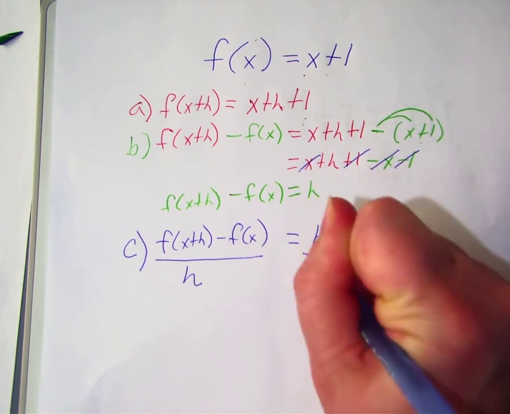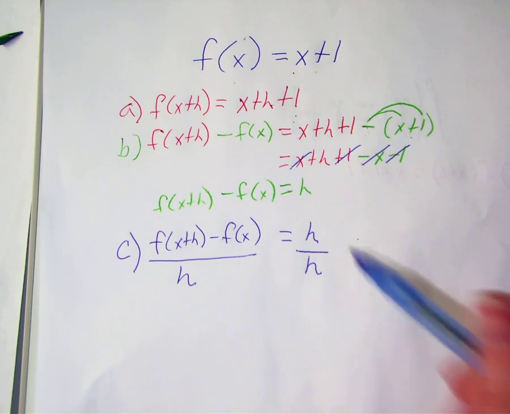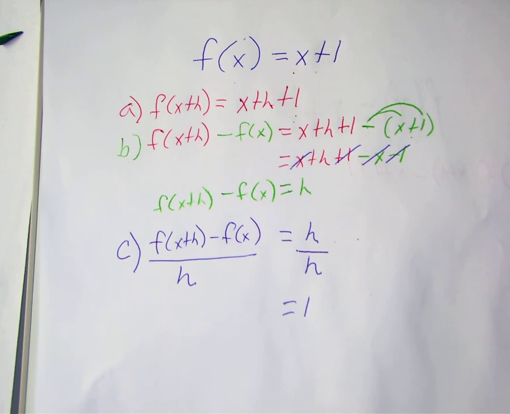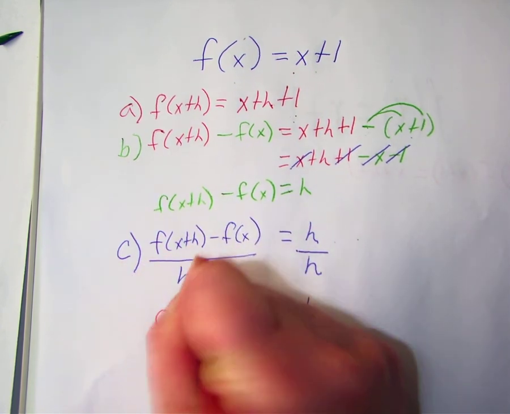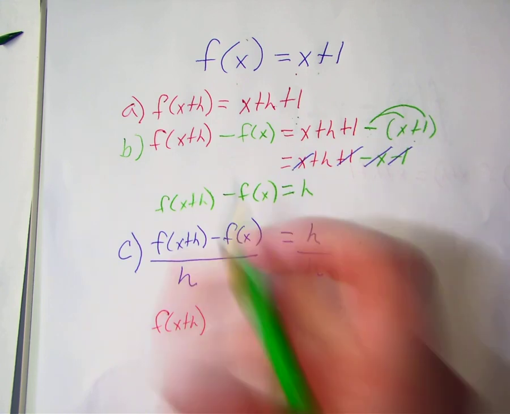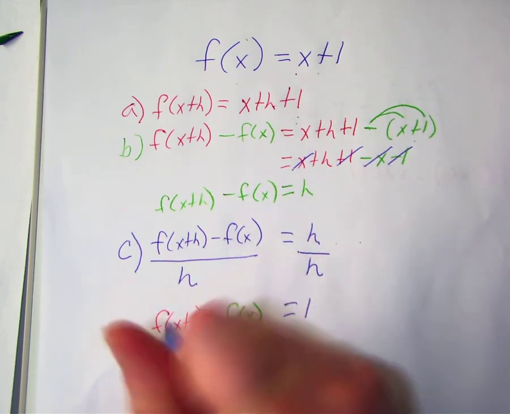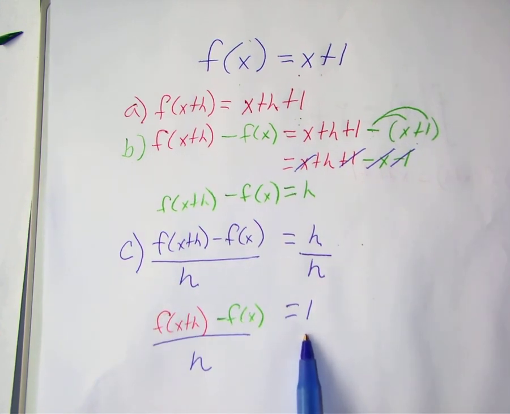I'm going to divide that by h. Okay? And so finally, h divided by h is 1. So my difference quotient, f of x plus h minus f of x divided by h, is 1 for this problem.